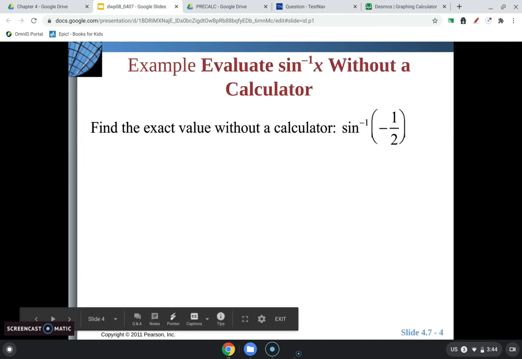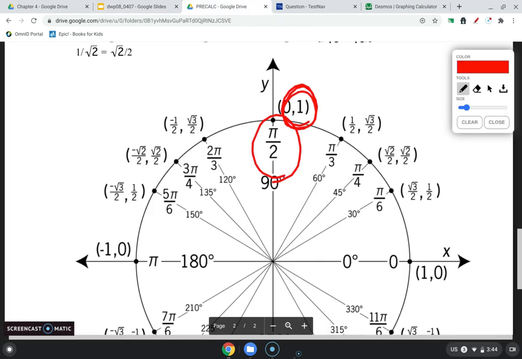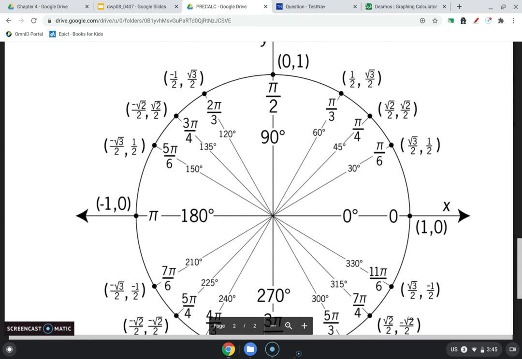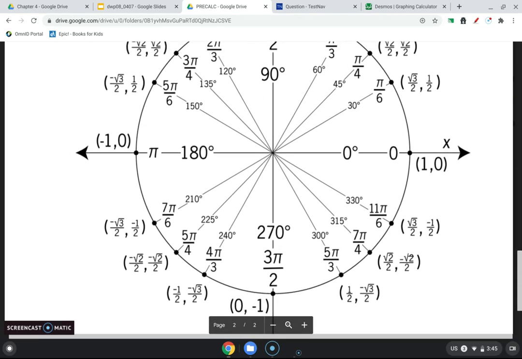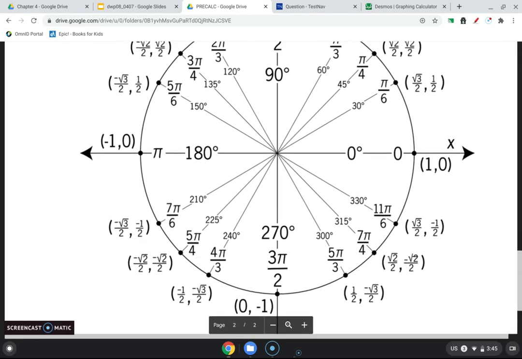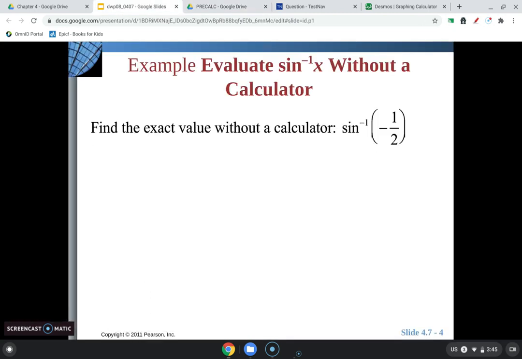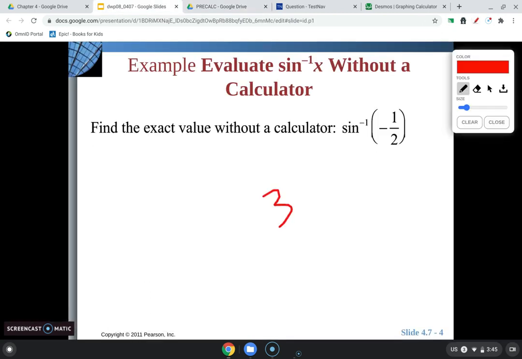So find the inverse sine of negative 1/2. You go over here to your unit circle. Where is y negative 1/2? Right here, at 11 pi over 6 or 330 degrees.